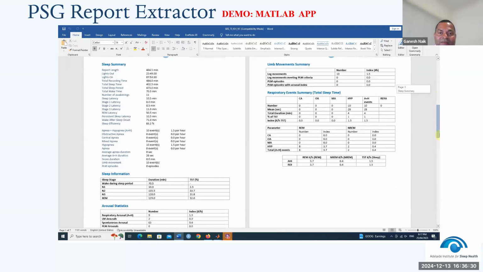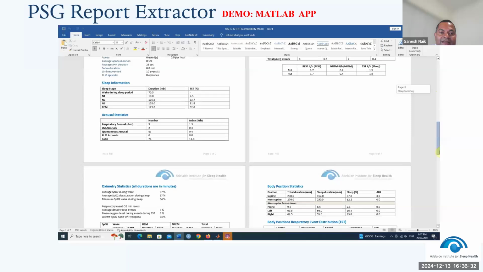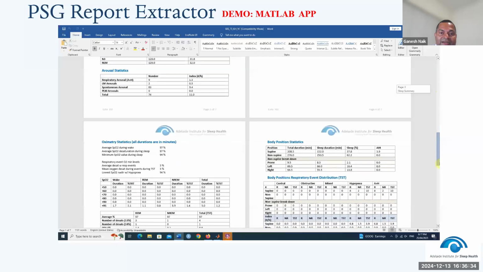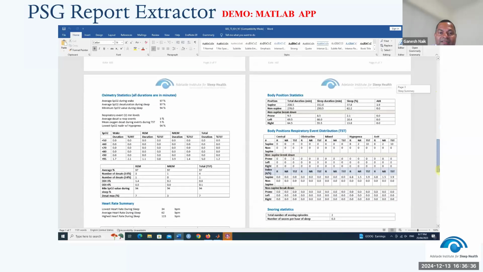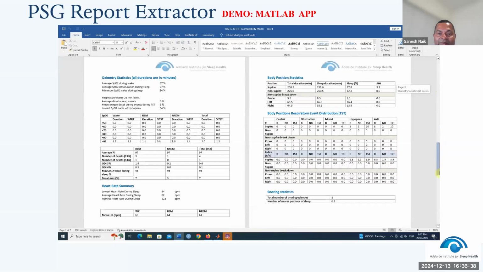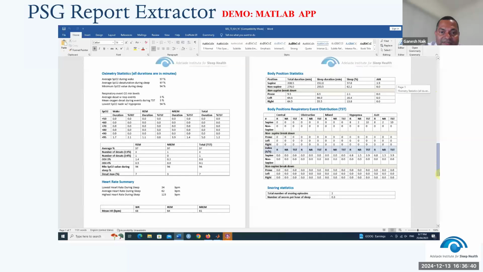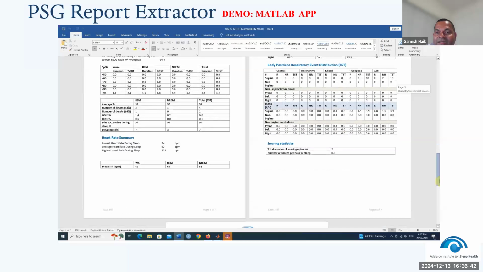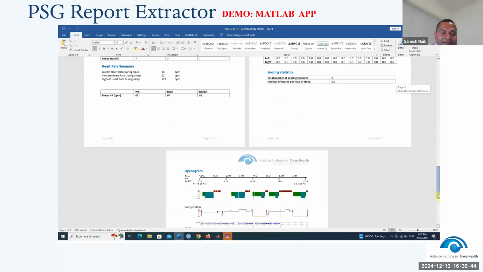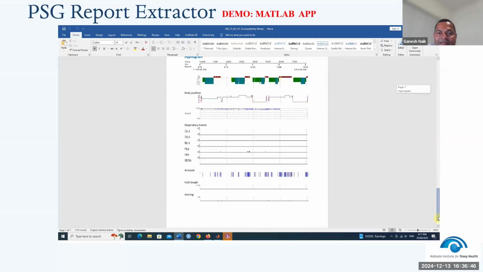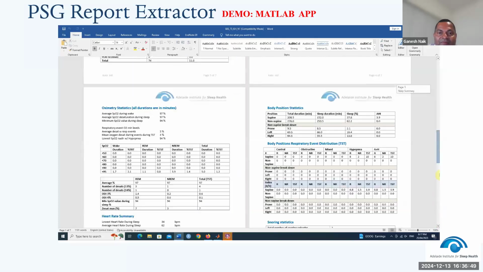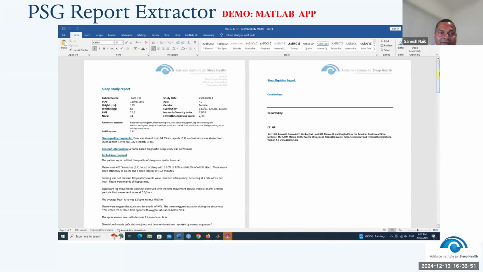You see how many parameters it collects, the oximetry data, body position, so many things. And if the clinicians want simple information, it's very hard to extract. Even this is just a typical simple report.